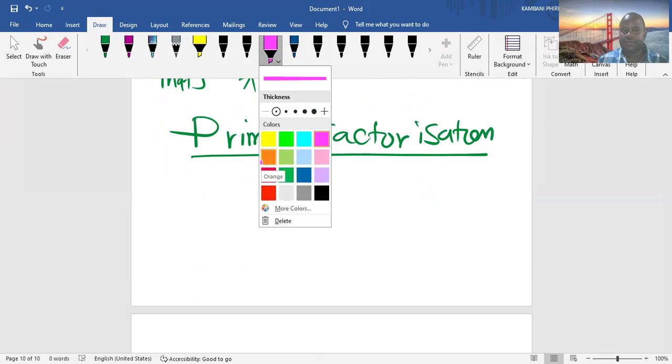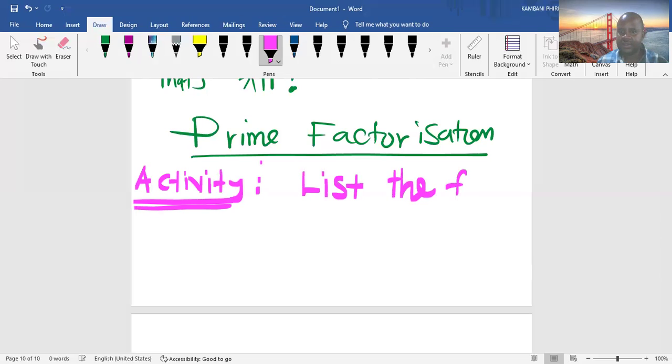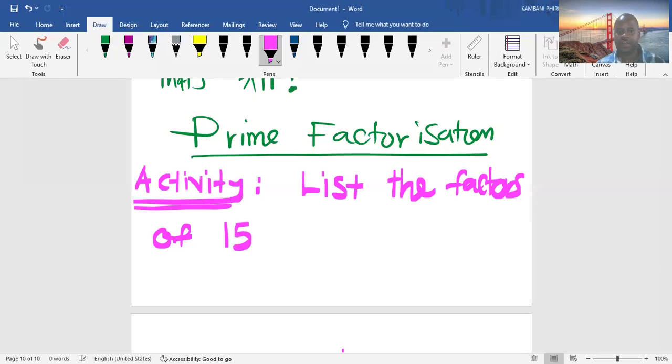I'll say list the factors of 15. We restrict ourselves to positive factors.